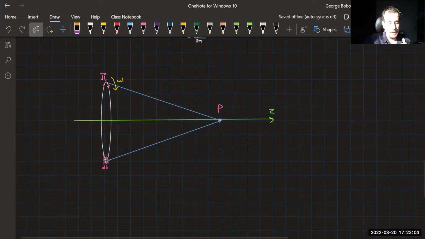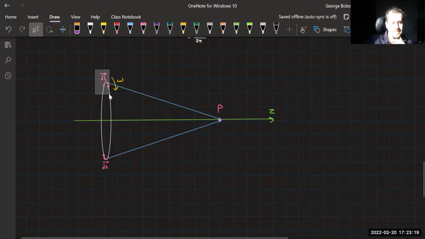When they arrive at point P, we need to think again where the magnetic field is going to point, which is not obvious right now, is it? I think I'm misleading you with the way I've drawn dl up there. Think about this for a second.